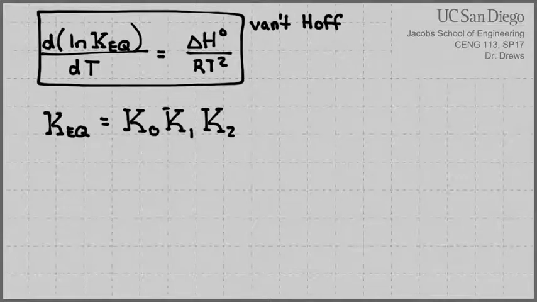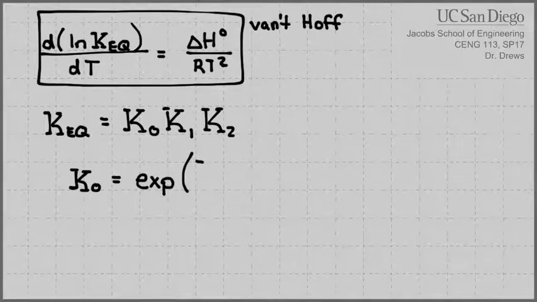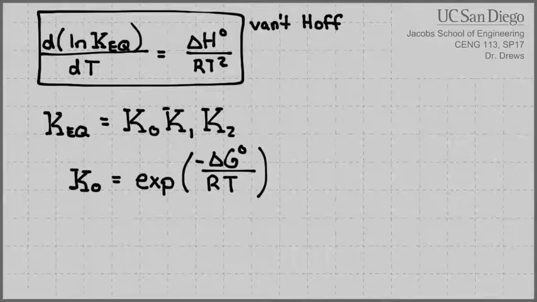So K0, we can get K0 from the definition of what K is. K0 is the exponential of minus delta G circle over RT. Why is that helpful? That is helpful because we can get delta G's at a lot of different temperatures. The Gibbs free energy of various species is tabulated usually at a particular temperature.